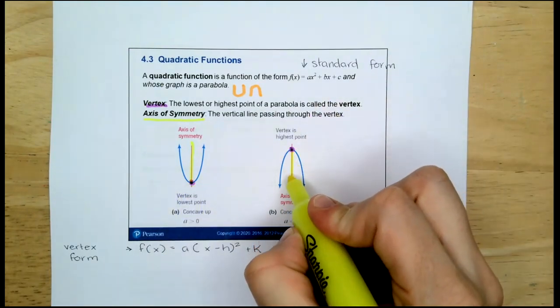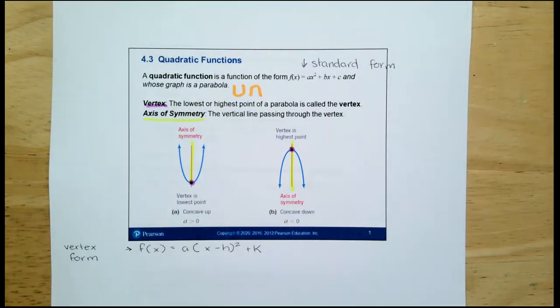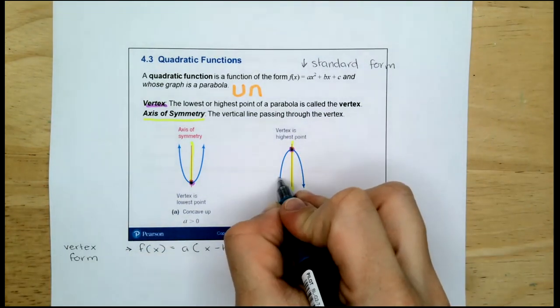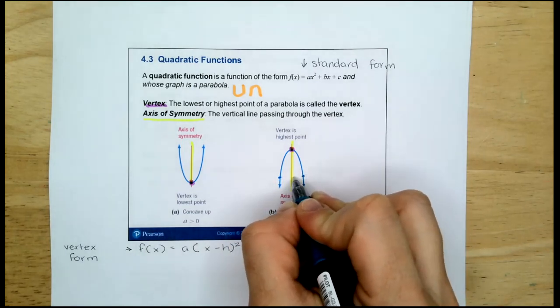So through the middle of this parabola means through my vertex, and that means that this distance is exactly the same as this distance.